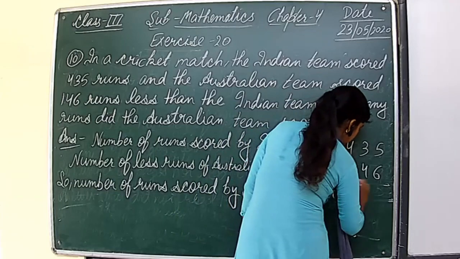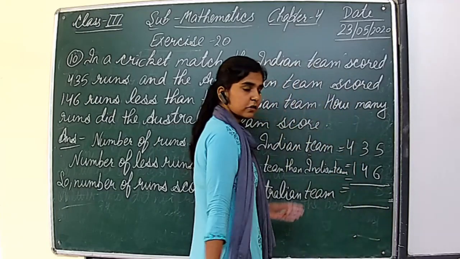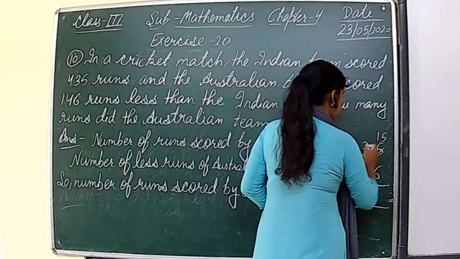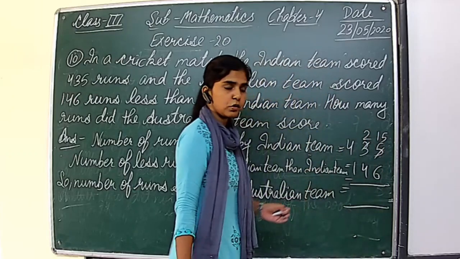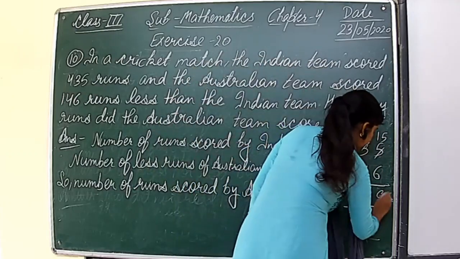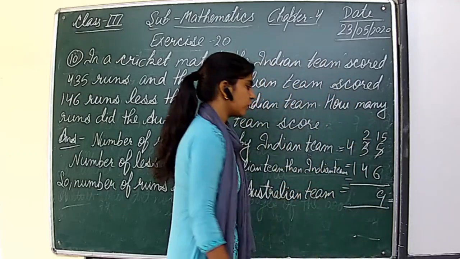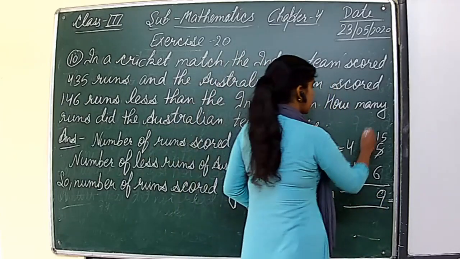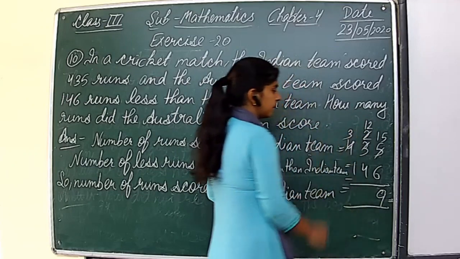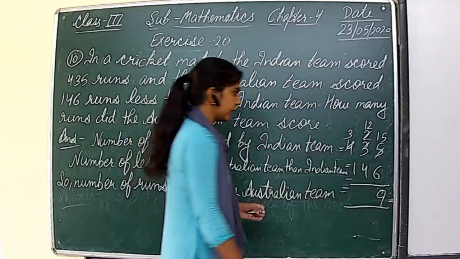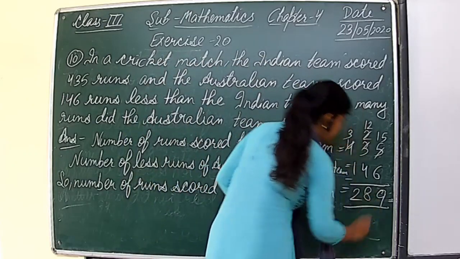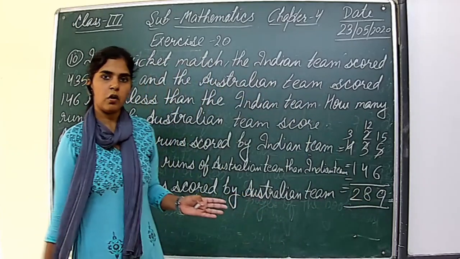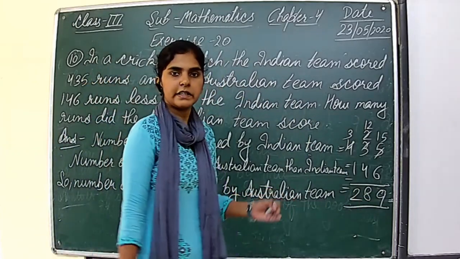is equal to, let us subtract 5 minus 6, not possible. Take one borrow, it will become 15 and it will become 2. 15 minus 6, 9. 2 minus 4, not possible. We need to take one borrow again. It will become 12 and it will become 3. So 12 minus 4, 8 and 3 minus 1, 2. So what is the score of Australian team? 289.